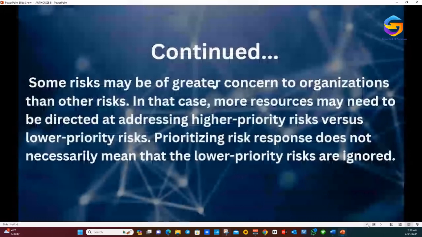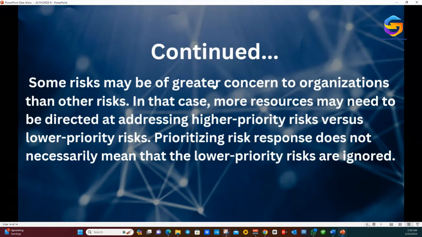So this is what we need to know so far as the risk response, which is the third task under the authorization step, is concerned. In our next video, we will continue and look at the authorization decision. Then we will look at the final one, which is authorization reporting.